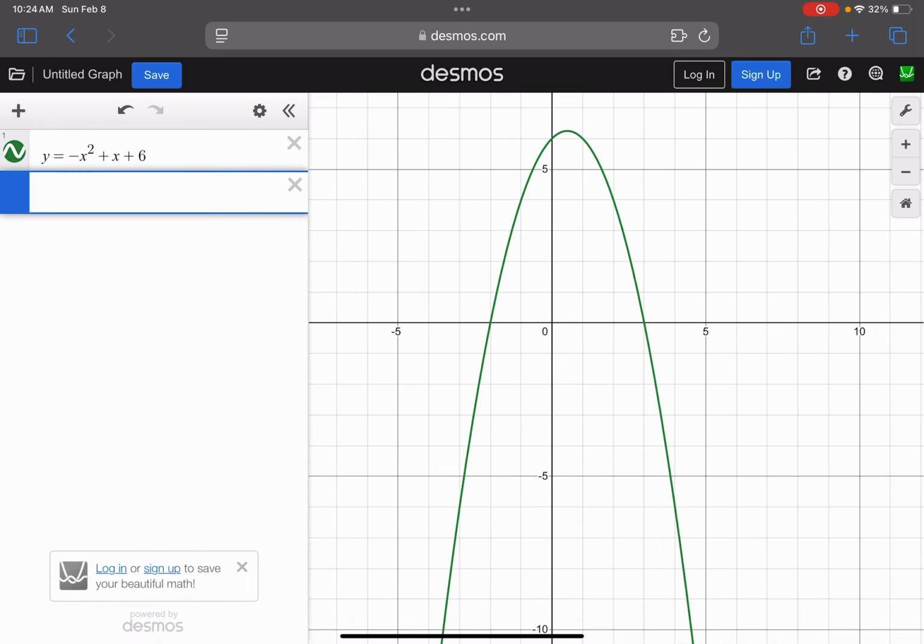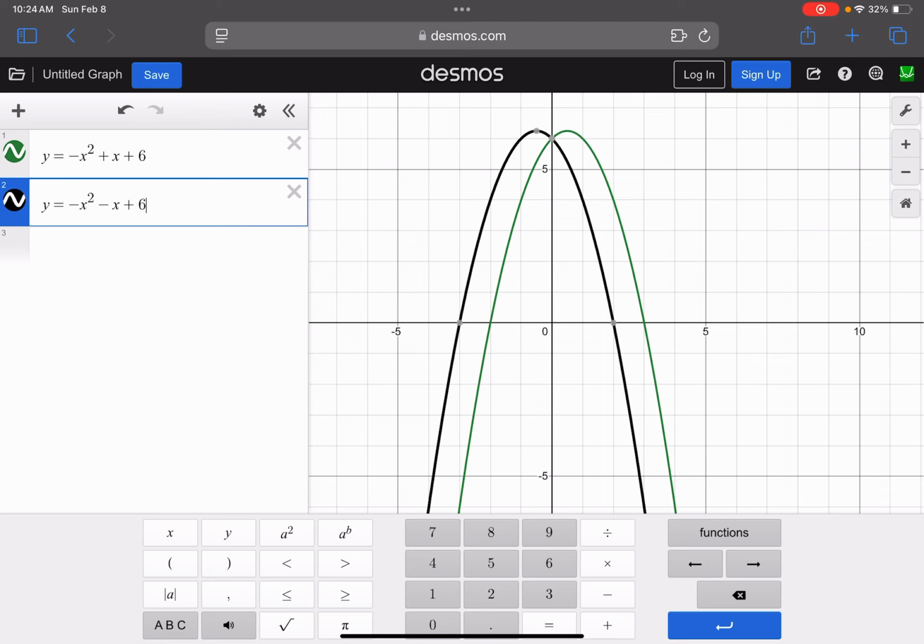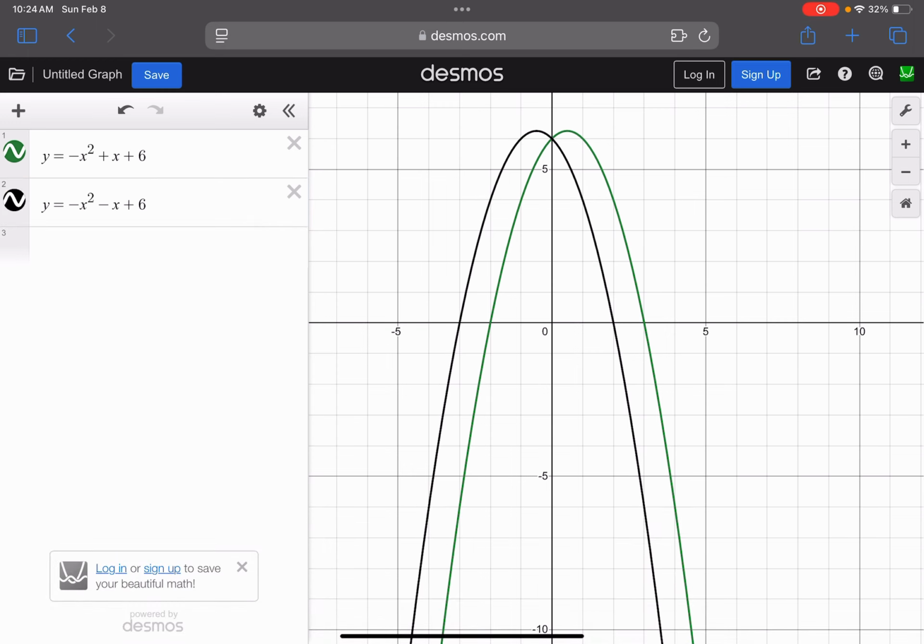So y equals -x squared minus x plus 6. Now the graph has moved. The shape of the graph remains the same. The y-intercept remains the same, but the graph has moved to the left.